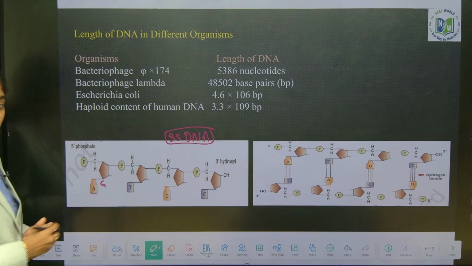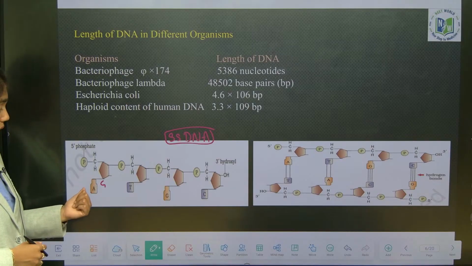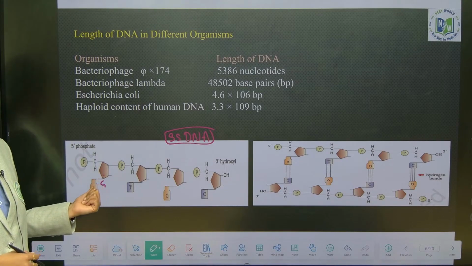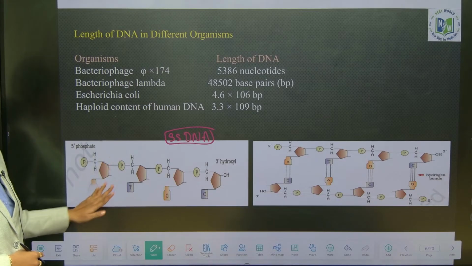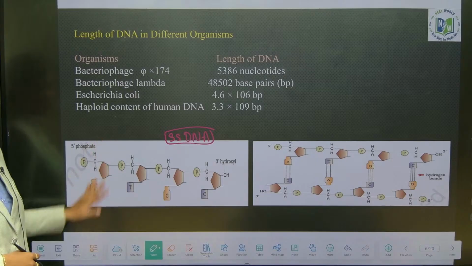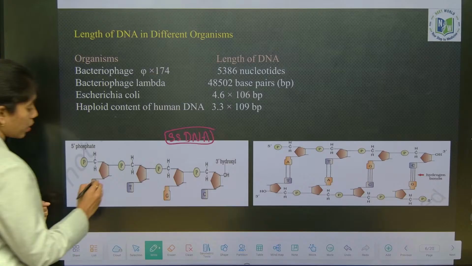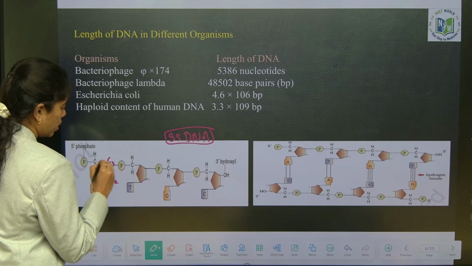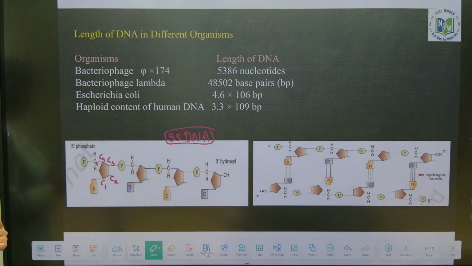If it is adenine, the nitrogen base is bound to the sugar by a glycosidic bond. Which nitrogen is bound to the first carbon? Adenine is a purine, no? So N9 of adenine is bound to C1 of the sugar. So here C1, C2, C3, C4 and C5.